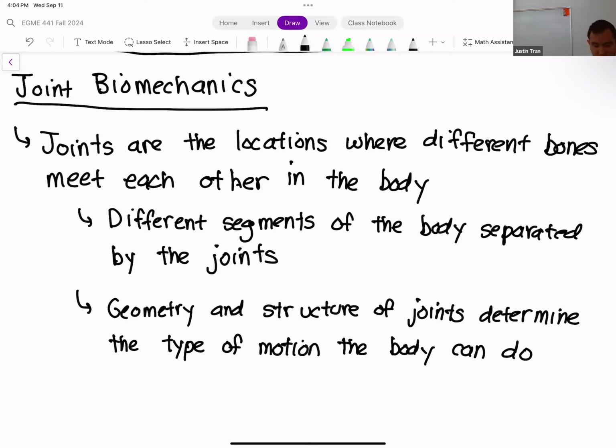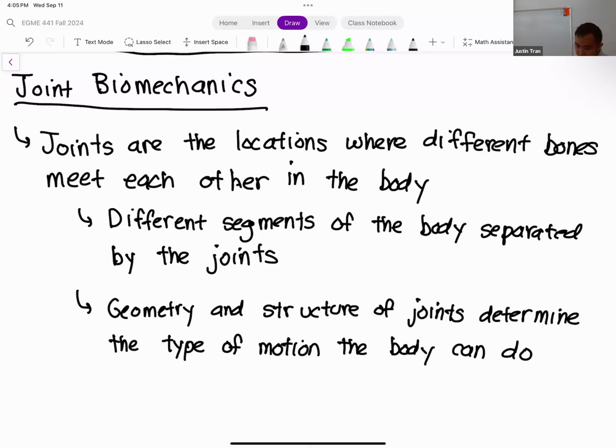There's a big difference in the type of motion allowed at your shoulder joint compared to, let's say, your ankle joint, and that is due to the geometry and structure of the joints. When I talk about structure, I don't only mean the geometry of the bones, although that has a big impact. Joints are also where all the soft tissues gather, the ligaments and the tendons. The exact way those ligaments, tendons, and muscles are arranged at the joints has a big impact on the motion you can do.